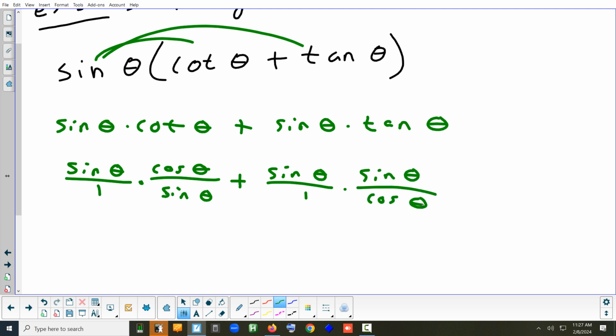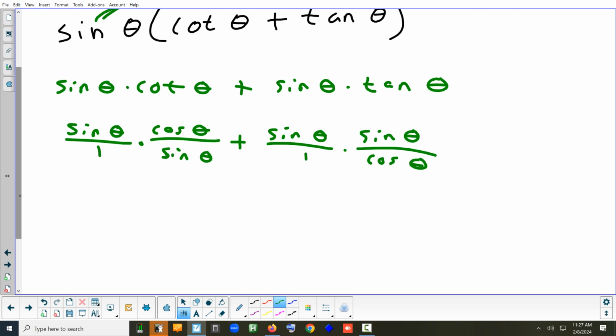Okay. What's going to happen there? For the first one, the sine cancels out. We have a sine in the top, sine in the bottom. How about cosine in the top, cosine in the bottom? That's not going to cancel out because that's on the opposite sides of the plus.